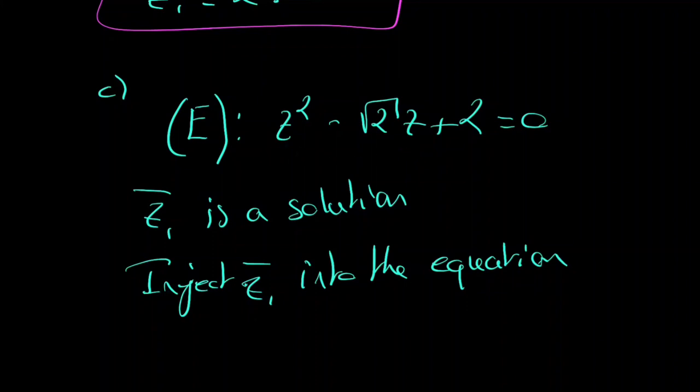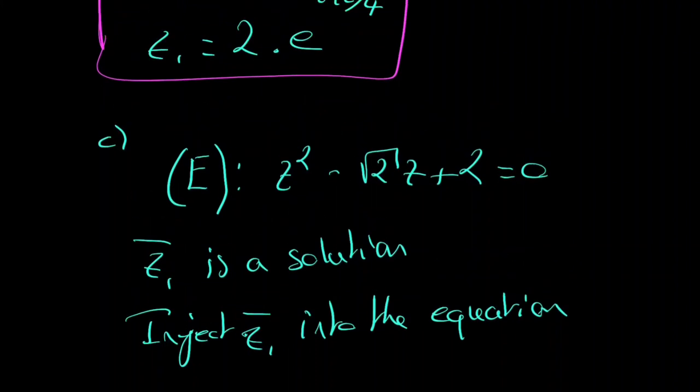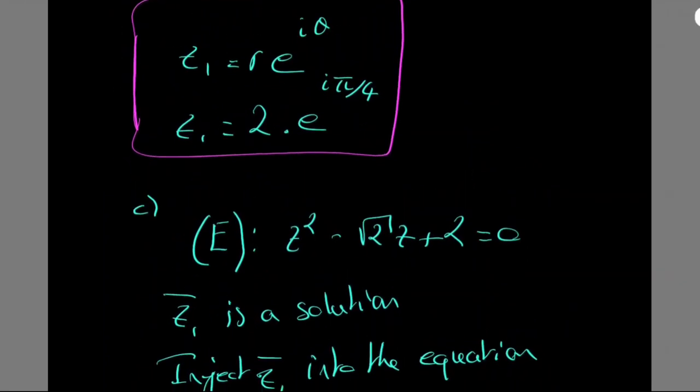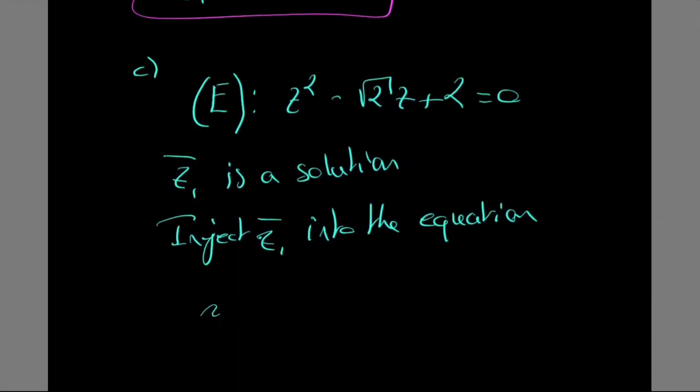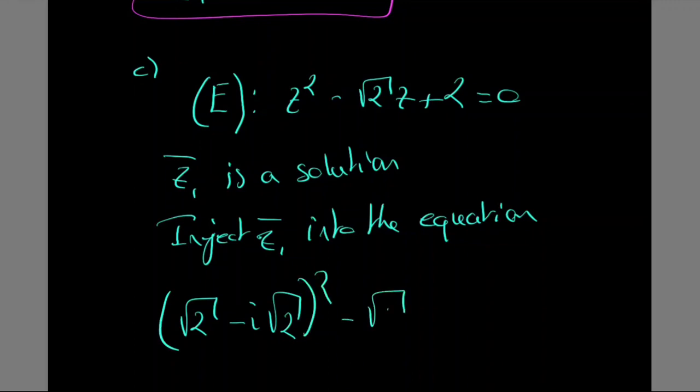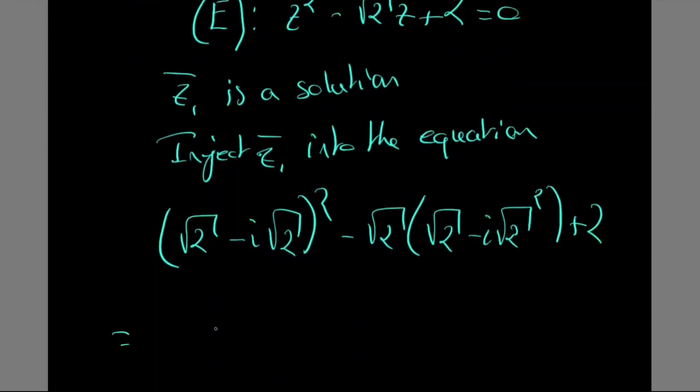Let's do it. So square root of 2 minus i square root of 2, squared, minus square root of 2 times square root of 2 minus i square root of 2, plus 2.